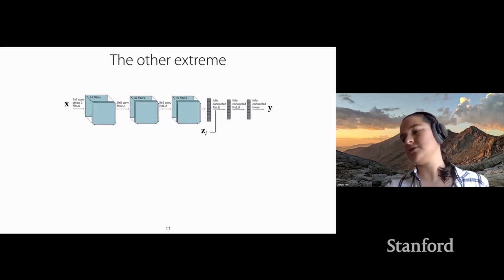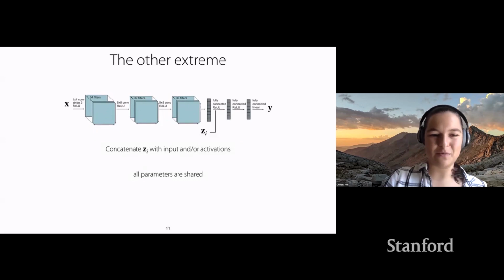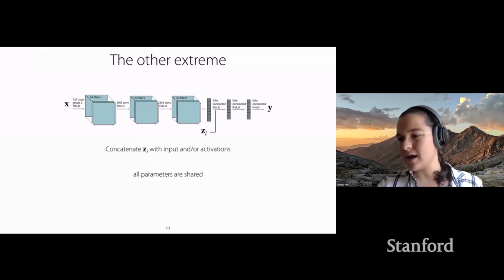This could be at the beginning, in the middle, or towards the end. And if you simply concatenate the Z with the activations at one of the layers, then all of the parameters of the network are shared. So this is the other extreme from what we talked about before.